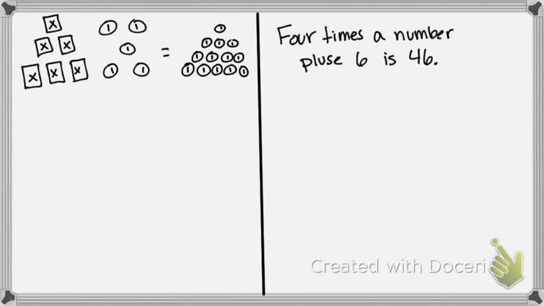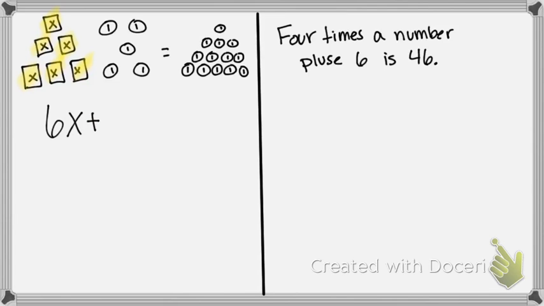For the next two, they're not going to be equations. There's going to be descriptions or words. In this first example, we have these boxes and these circles. These boxes have an X in them. I'm going to rewrite these, and I know there's 1, 2, 3, 4, 5, 6 X's, so I'm going to put it as 6x.